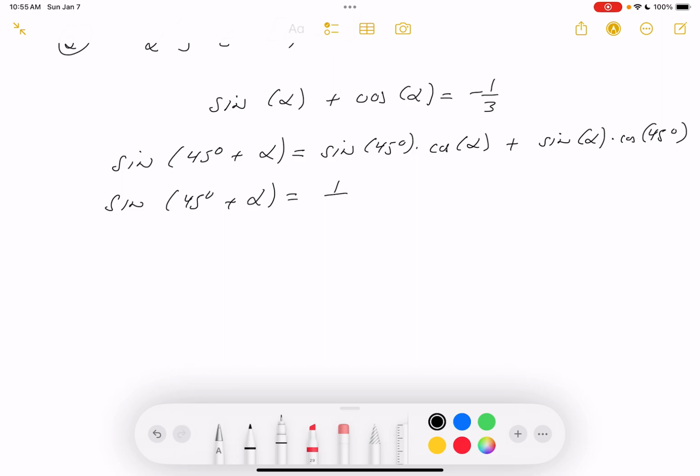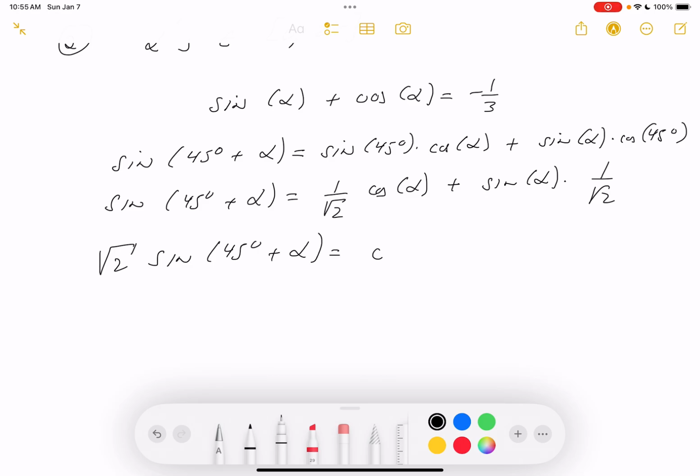The sine of 45 degrees is 1 over root 2, cosine of alpha. And then plus the sine of alpha times the cosine of 45 degrees, 1 over root 2. That's the whole reason for picking 45 degrees, by the way. They're the same number. Multiply both sides by root 2. That's root 2 sine of 45 degrees plus alpha, which is cosine of alpha plus the sine of alpha.